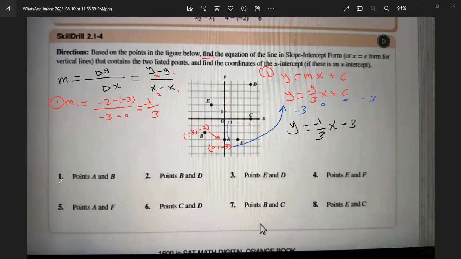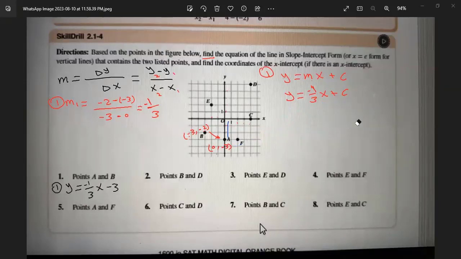This is number 1. I hope it's clear. We move to number 2 now.